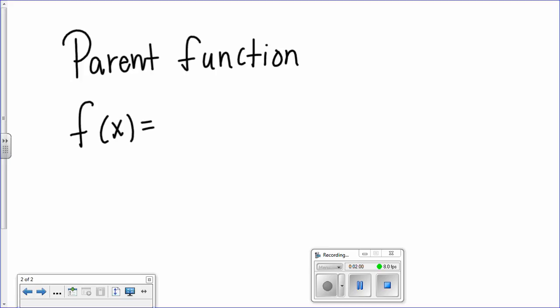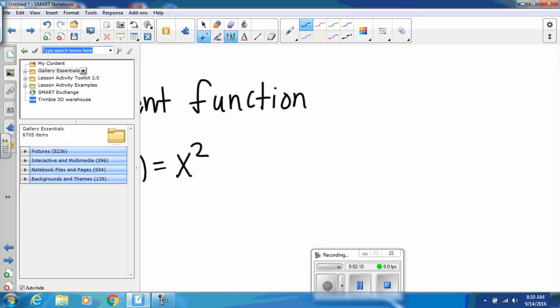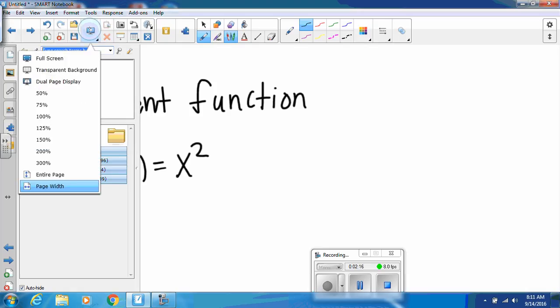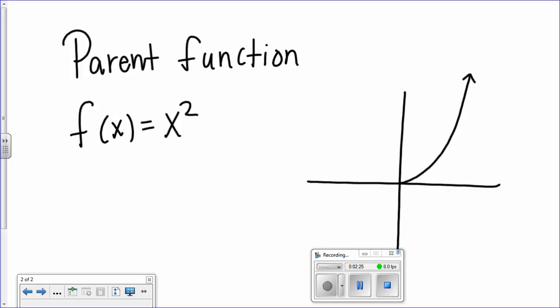That's the parent. And that's just a plain old parabola that we haven't done anything to. Like that.